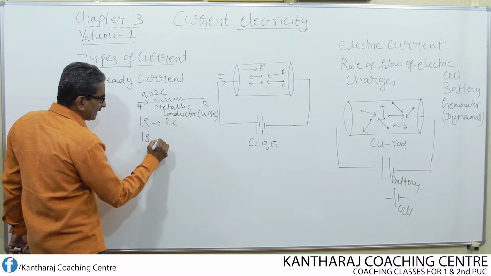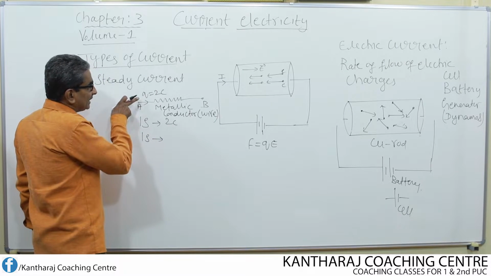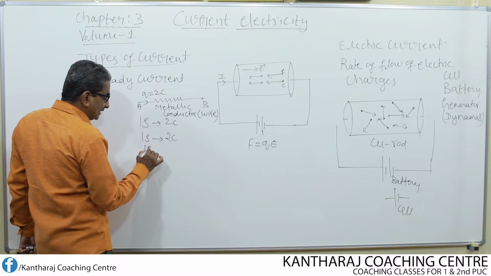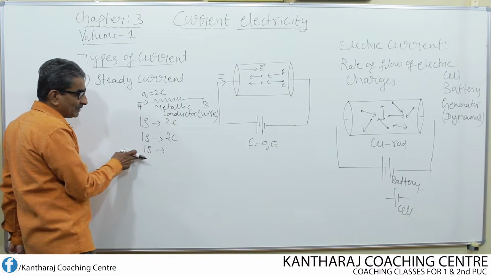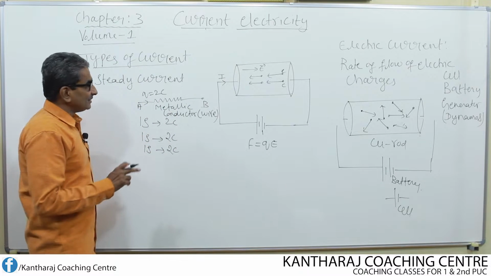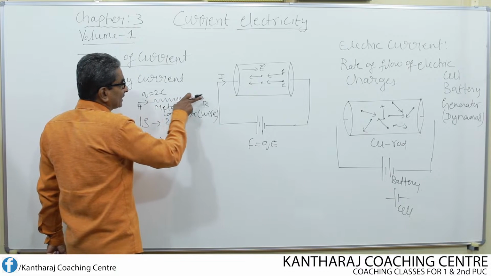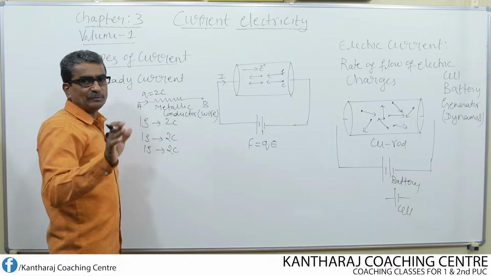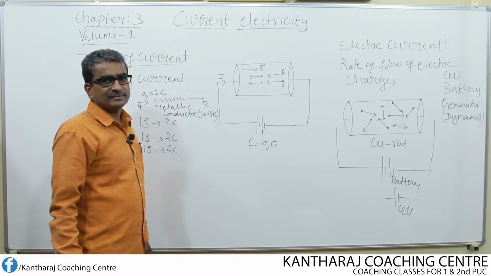Again in the next 1 second, 2 coulombs of charge flow from A to B. Again in the third second, once again if 2 coulombs of charge flow, then we say that the current through this conductor or wire is said to be steady.